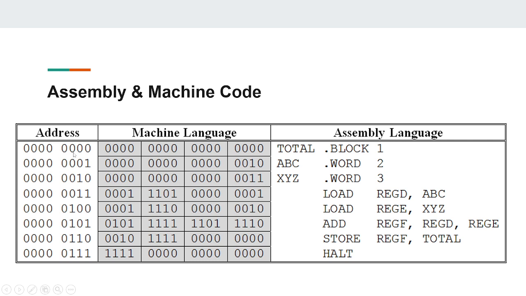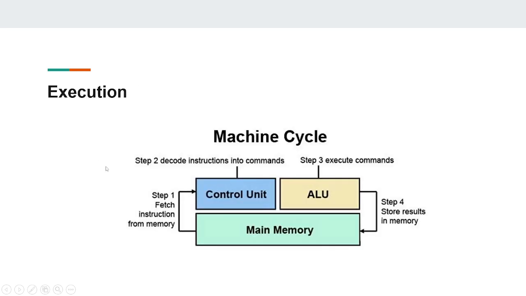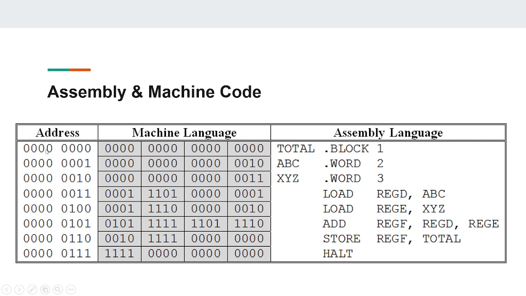What we are going to look into now is this address, machine language, and assembly language. What is this address? This is the address in the main memory. Here we are seeing the main memory, and these are the addresses in the main memory. In these addresses, these things are stored. In address 0, a 0 is stored, complete 0.